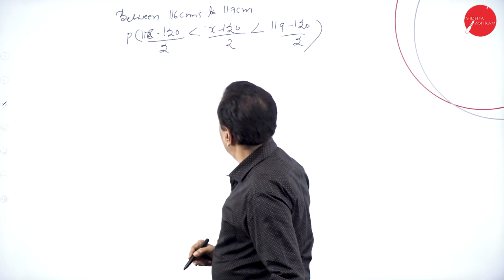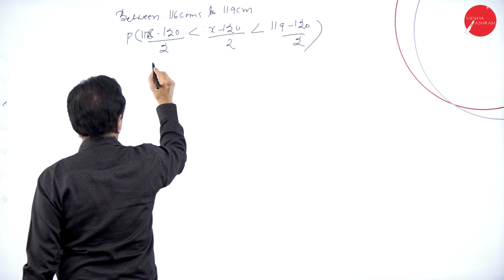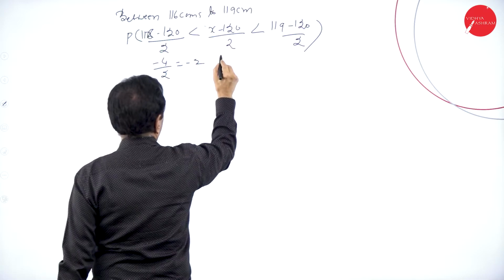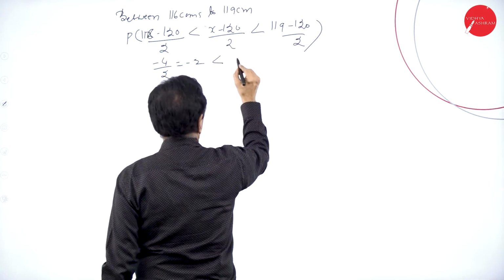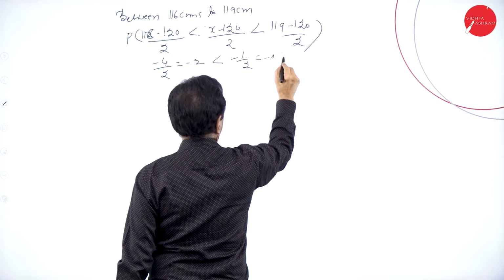So 116 minus 120 is minus 4, divided by 2 is minus 2, less than 119 minus 120 which is minus 1, by 2, is minus 0.5.